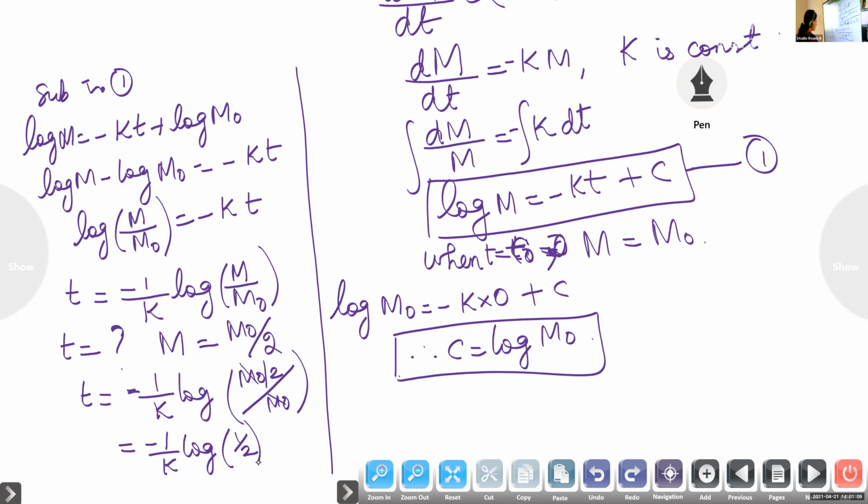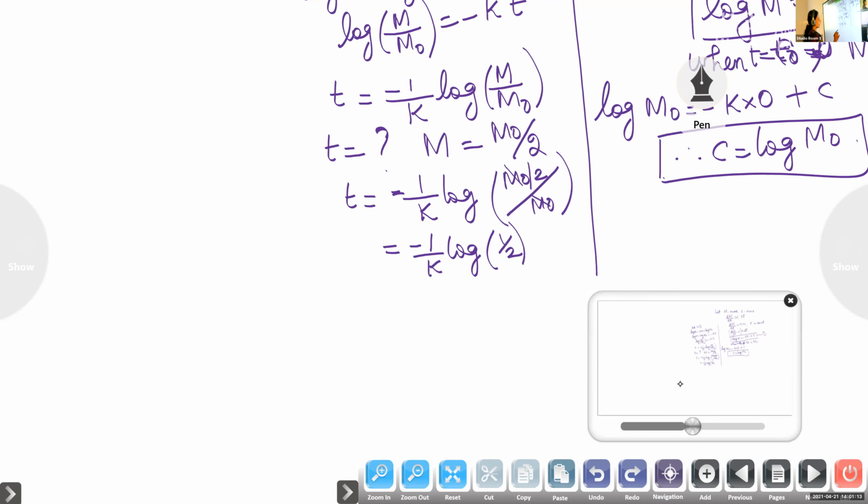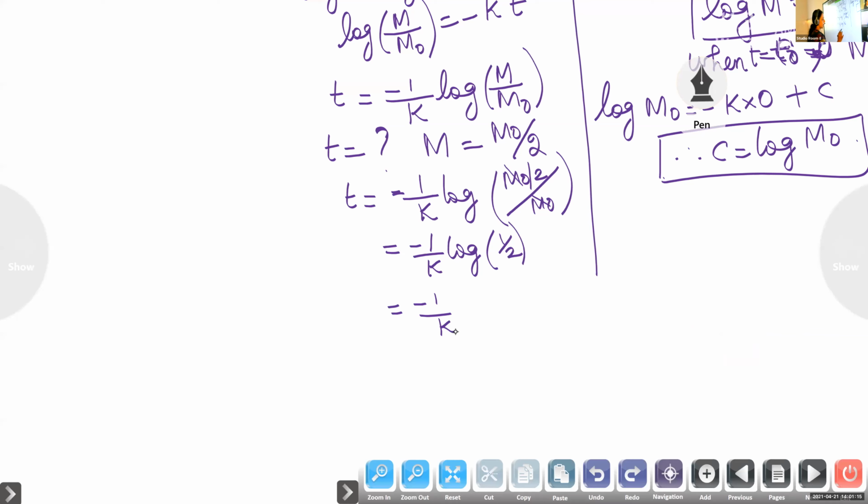Now listen. The next step, we can write minus 1 by k log 1 by 2 as 2 raised to minus 1. And what you have learnt? Log of a raised to n, we can write as n log a. If there is a power, we can take it to the front.